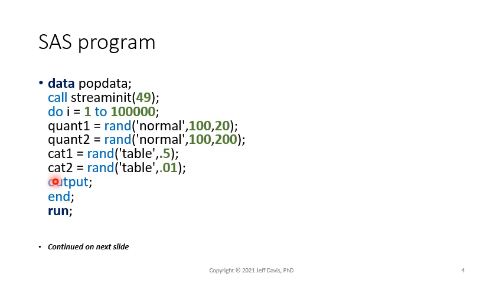Then for the second categorical variable, also using a rand table statement, we say one value is only going to occur about 1% of the time. The other value is going to occur about 99% of the time. So this first value would be 0.01, and the second one would be 0.99.